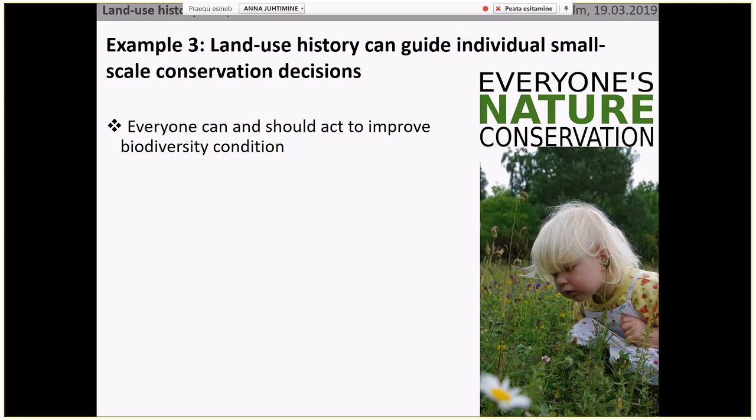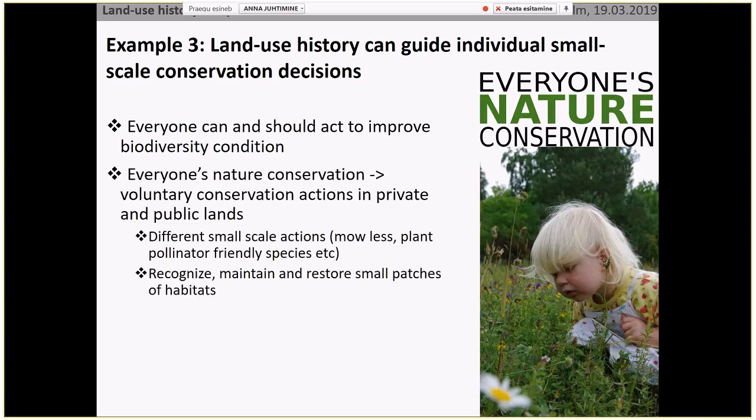This year in June, the Estonian Ministry of Environment has the whole month dedicated to everyone's nature conservation, and we try to reach as many people as possible with recommendations of individual small actions that they can do to improve the condition of species and habitats in their neighborhood. Because the biodiversity condition is such that everyone should and must act to improve it.